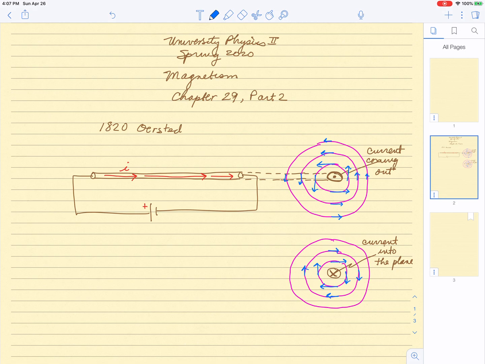So this circularity of the magnetic field is clearly very different than what we saw in a line of charge.